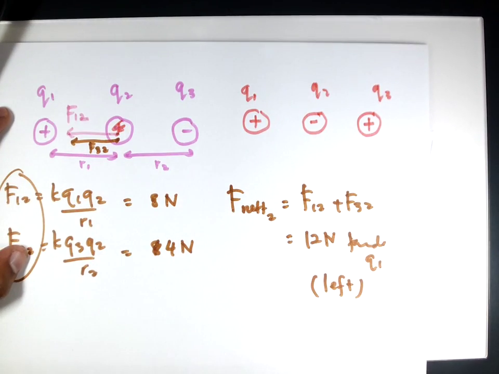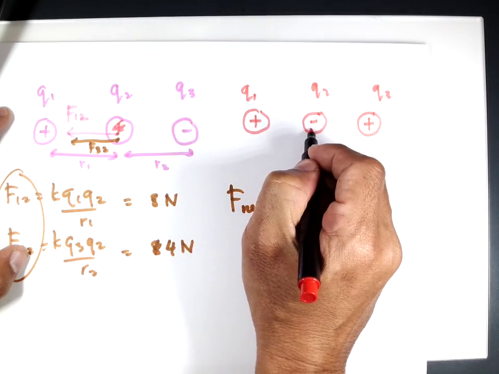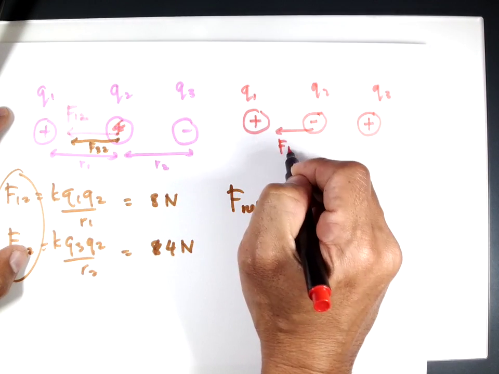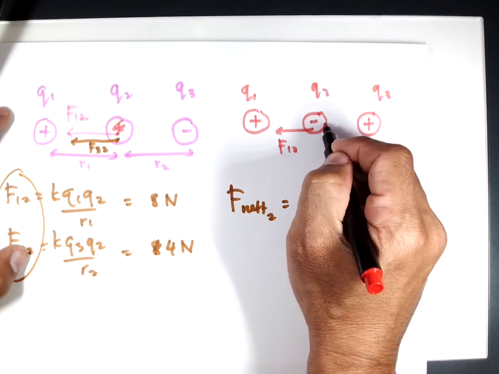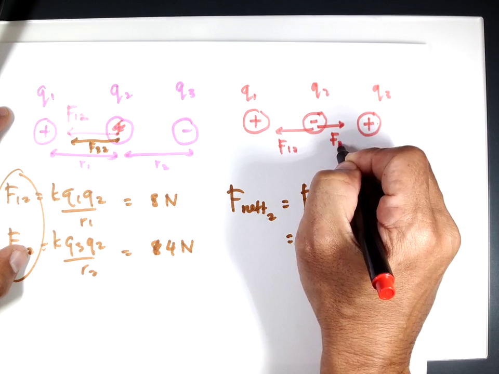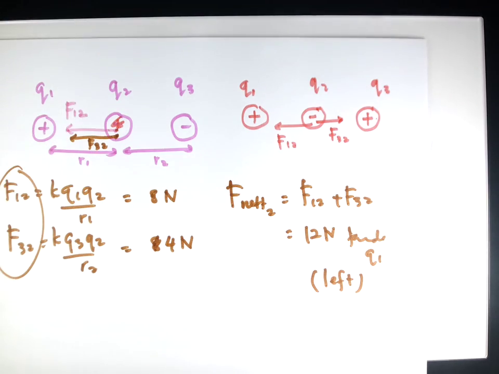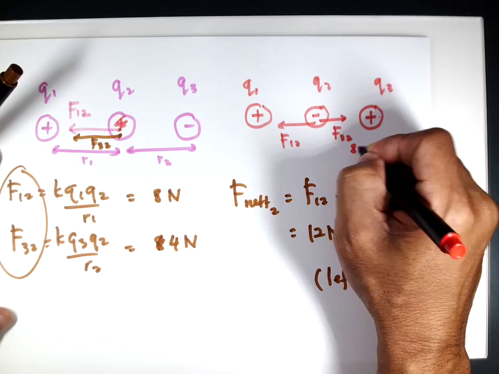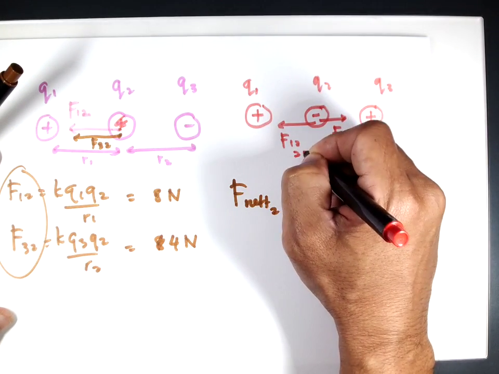What happens? This one repels, this one attracts, F12. This one is positive and this one is negative, so they also attract. So you have F32 like that. So what is your net force now? Let's say this is 8 newtons, this is 2 newtons.